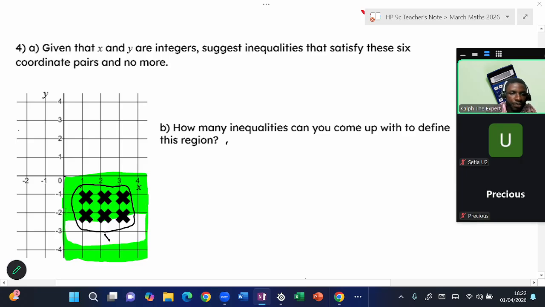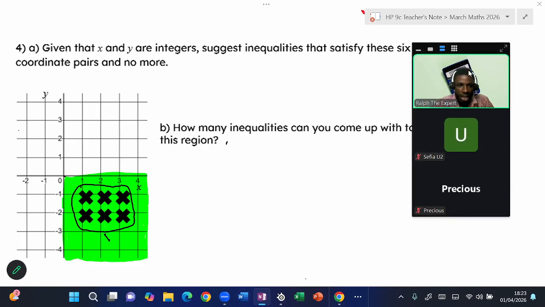So I want you to suggest an inequality, or probably either a two-in-one inequality or inequalities that will satisfy this region. That is what I want. Go ahead and type it in the chat. Let's see who gets the answer today.